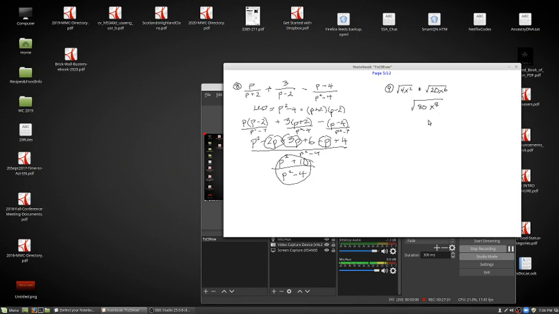In order to simplify this, we want to see how many perfect squares we can get out. So 80 is equal to 5 times 16. Okay, we're still taking the square root of that.